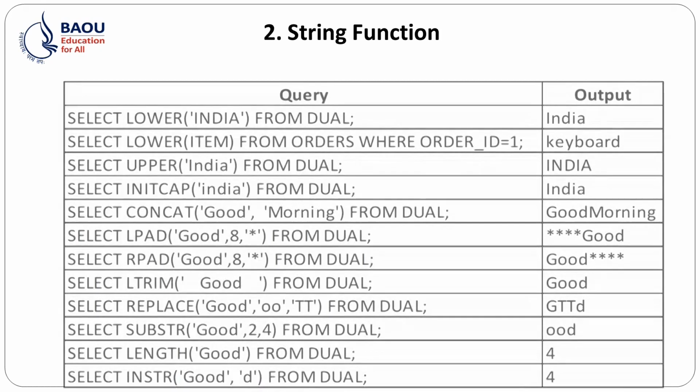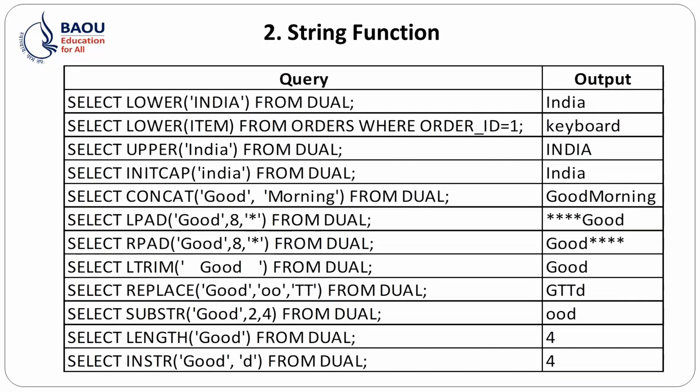It is easy to understand using examples. I already explained the dual table. The dual table is an inbuilt Oracle table which is used to display one row and one column. First is lower. Lower is used to convert to lowercase letters. So how to write it? Select lower, the function name, in brackets a single quotation.